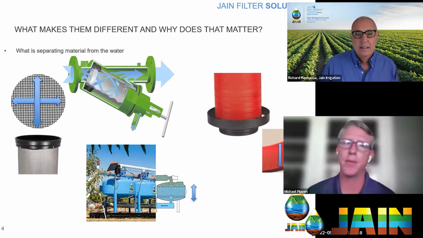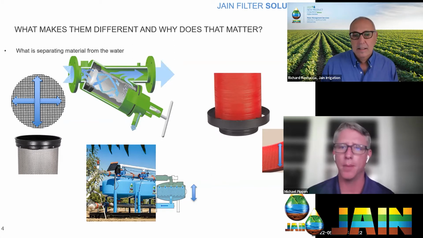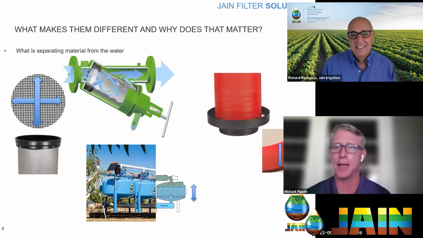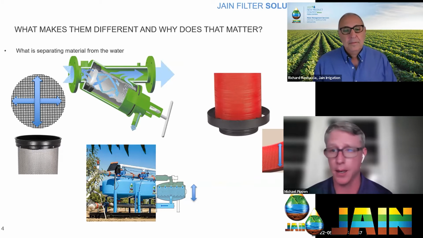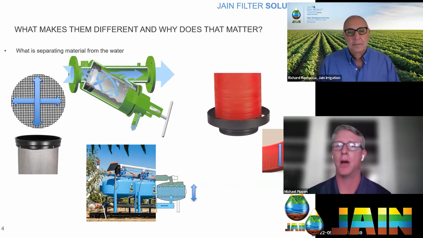So that's why those differences matter, because each one of these things that we referred to earlier that is actually doing the filtering, taking the bad out of the good, has a really unique application where it functions the best. And a lot of times there might be two filters that work in a certain application.